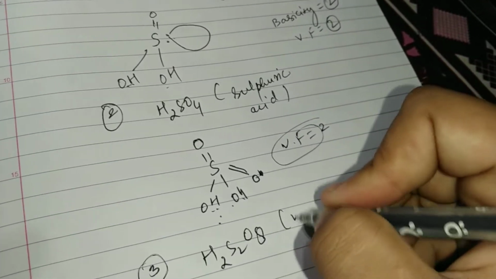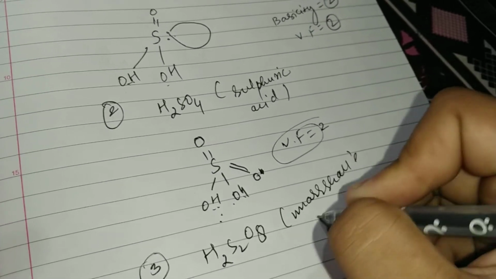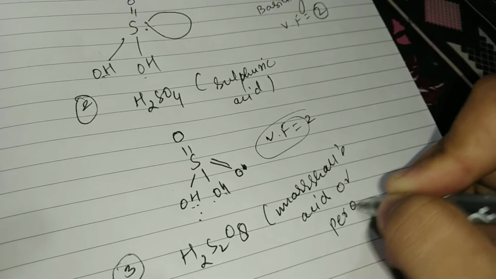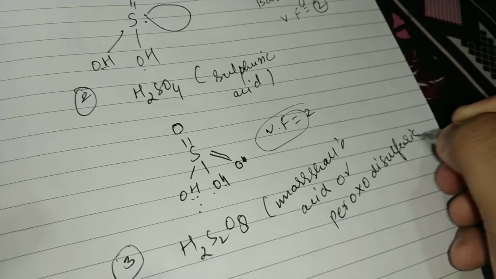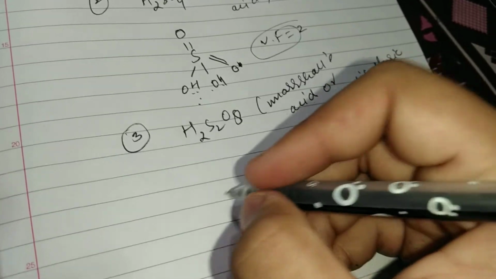The third, Marshall's acid, H2S2O8. So it is Marshall's acid, or peroxodisulfuric acid. Okay. So its structure is very good.